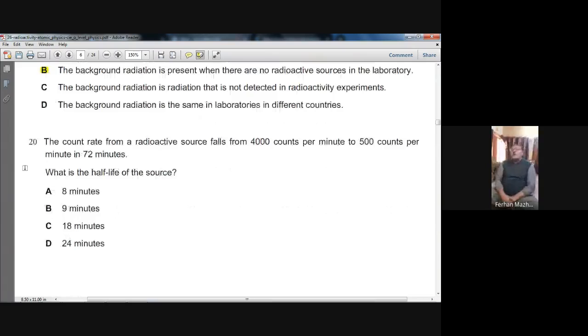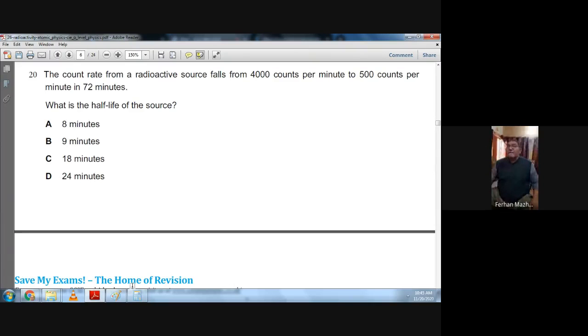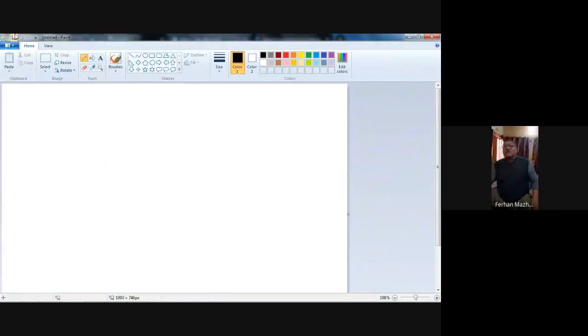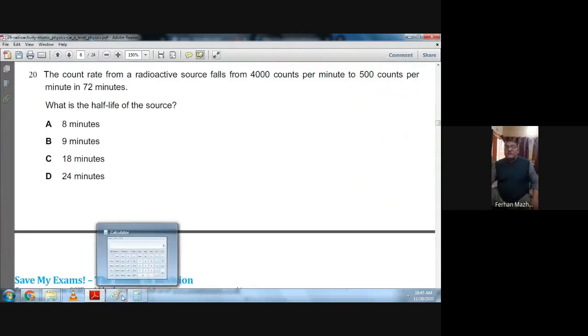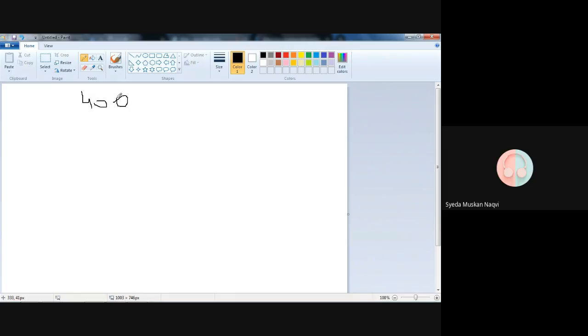The count rate from a radioactive source falls from 4,000 counts per minute to 500 counts per minute in 72 minutes. What is the half-life? So 4,000 to 500. Initially the reading was 4,000.